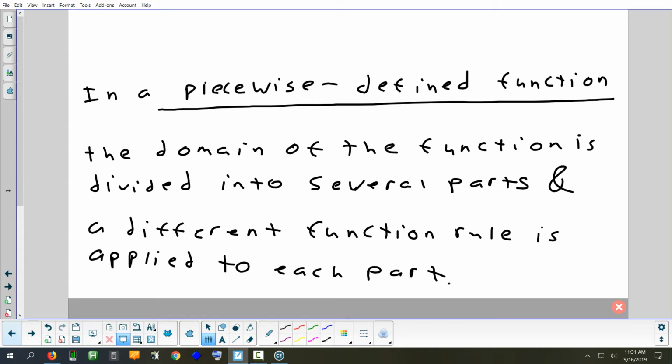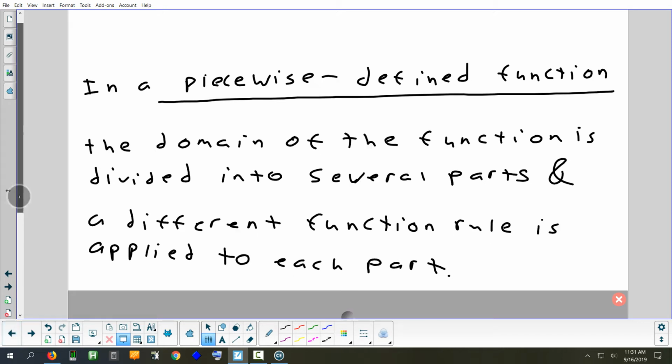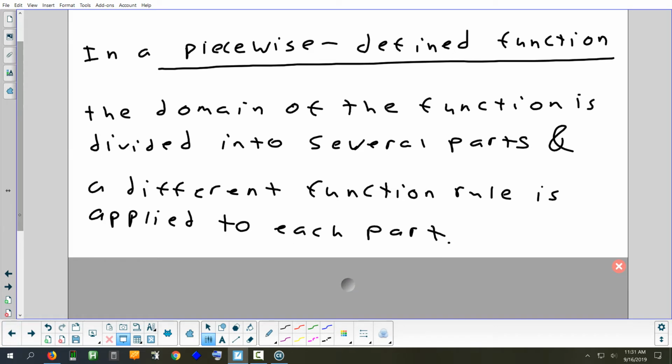It's where you draw 2 functions on the calculator screen pretty much at the same time. So the idea in a piecewise defined function is that you don't just give me one formula to use, you give me 2 or more. And there's conditions on when you use which one.